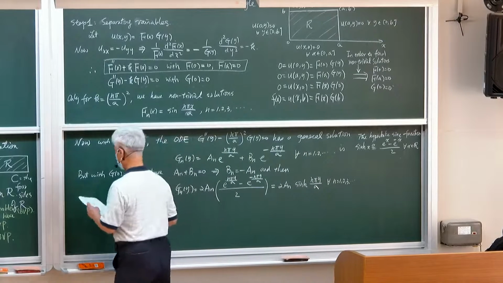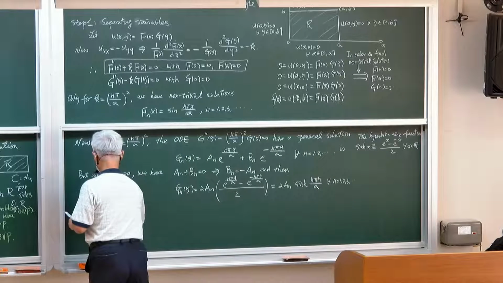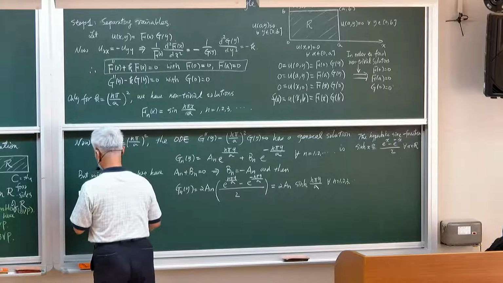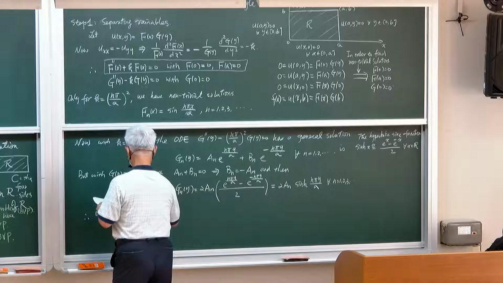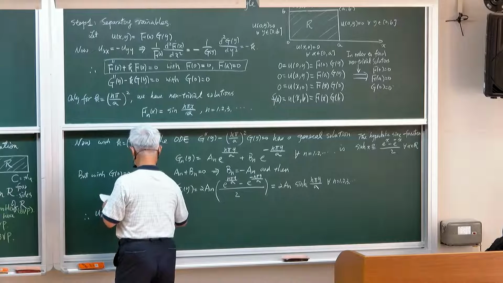All right, so now we define un(x,y) to be their product, fn(x) gn(y).